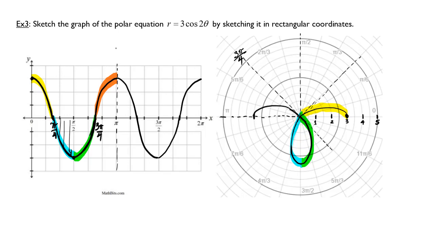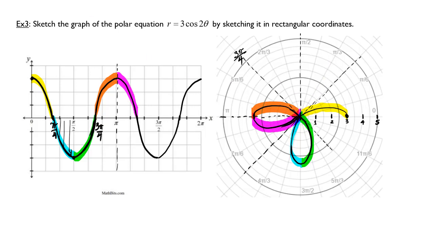And then it decreases to 0 on the interval from pi to 5 pi over 4. And so I'm just highlighting that in the corresponding color.